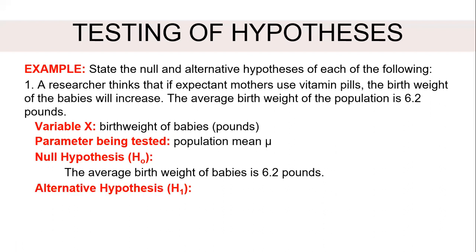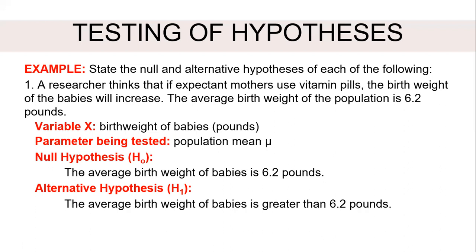For your alternative hypothesis, which is HA or H1, of course, for the null hypothesis, if it is equal, your alternative hypothesis is greater than here: the average birth weight of babies is greater than 6.2 pounds. You might ask, sir, what is your basis for saying greater than 6.2 pounds? The basis is the given here.